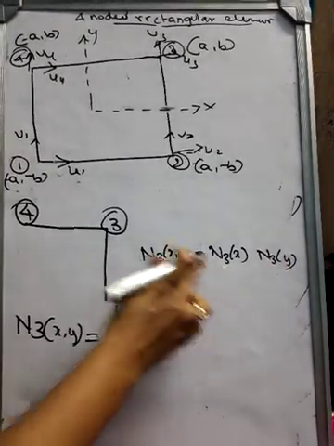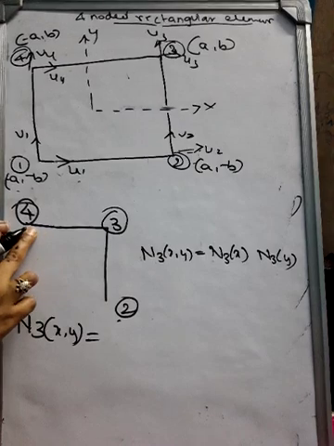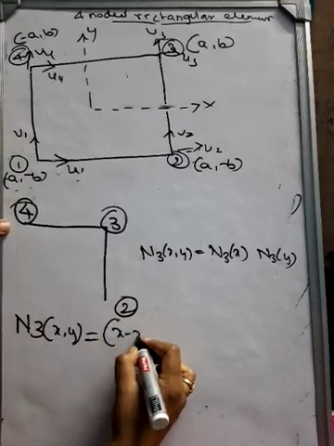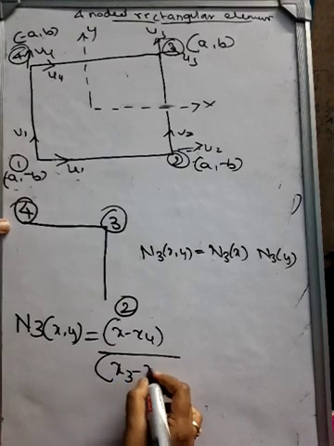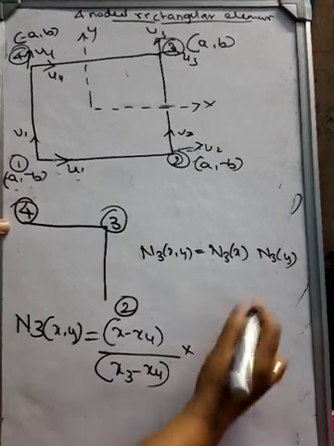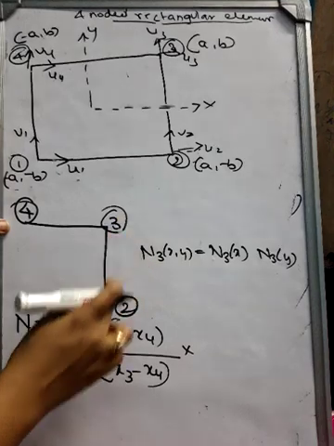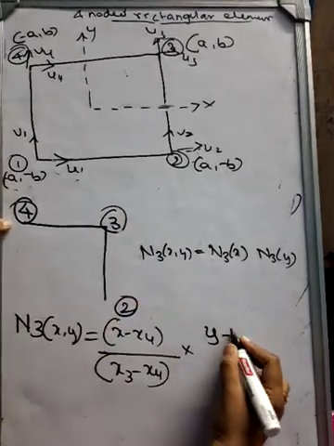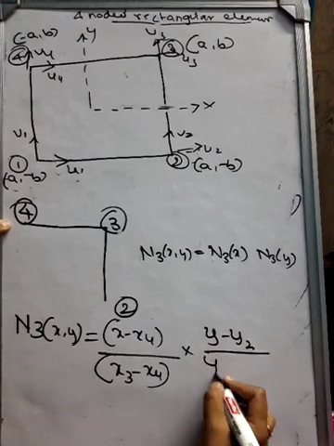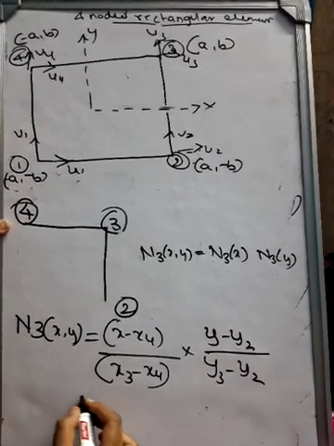So 3 is connected to node 4 in the x direction, so it is x minus x4 whole divided by x3 minus x4. Now N3 of y, in the y direction, is connected to the second node. That's why it is y minus y2 divided by y3 minus y2.